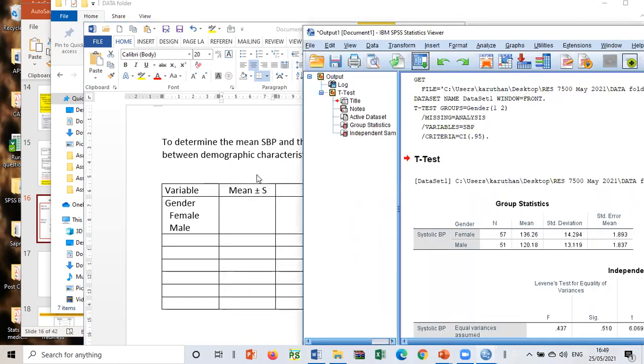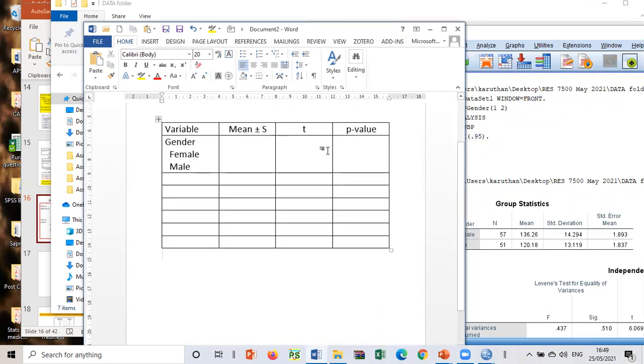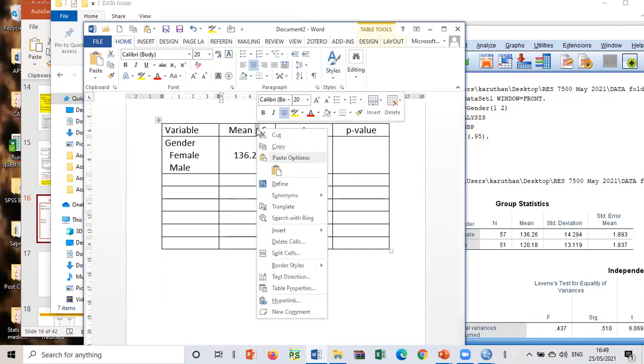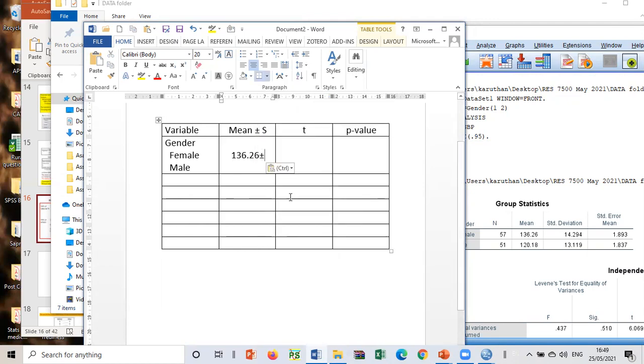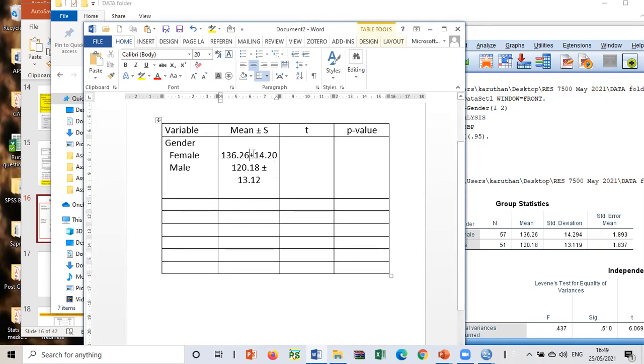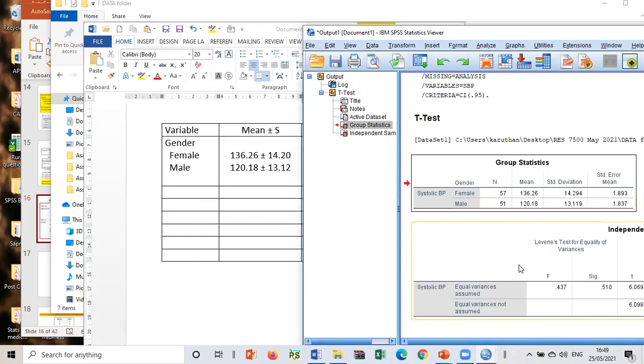So what's the mean value? 136.26 plus minus 14.20, 2 decimals enough. 120.18 plus minus 13.12. Right, t value on the table.